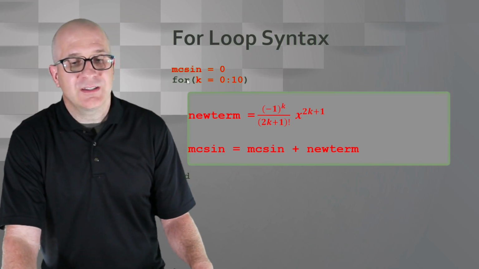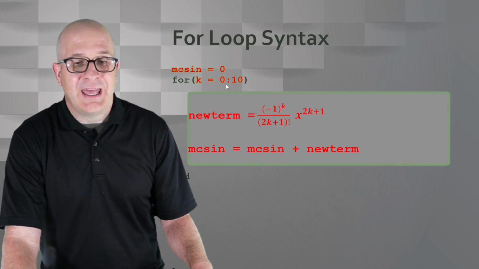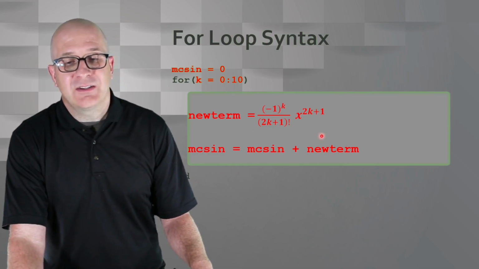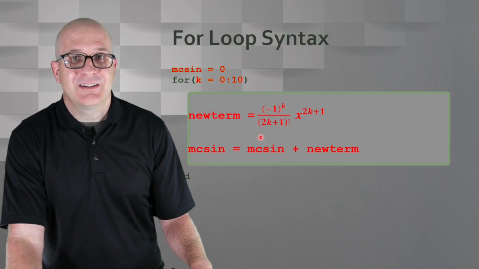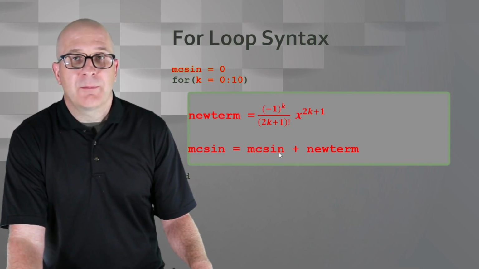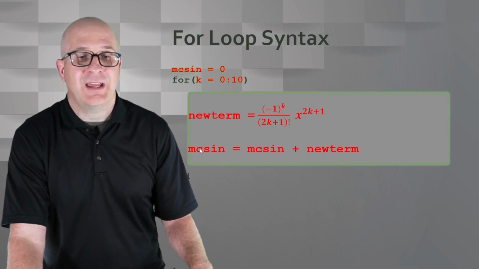I'm going to say we're going to go from k equals 0 to 10. We're only going to take 11 terms, so the 0th term, first term, second term, up to 10th term. We're going to calculate the new term each time, right here. And once we calculate that new term in the series, we're going to add it to the previous approximation for sine to get an updated value for sine.